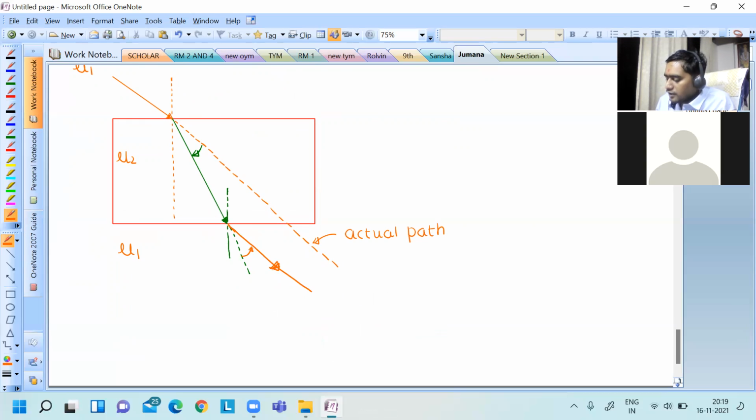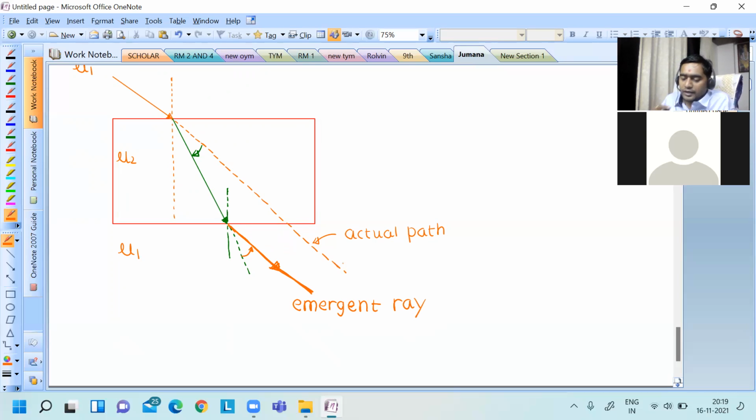It is bending away. But the thing is, this emergent ray and the actual path, don't you see both are parallel to each other?